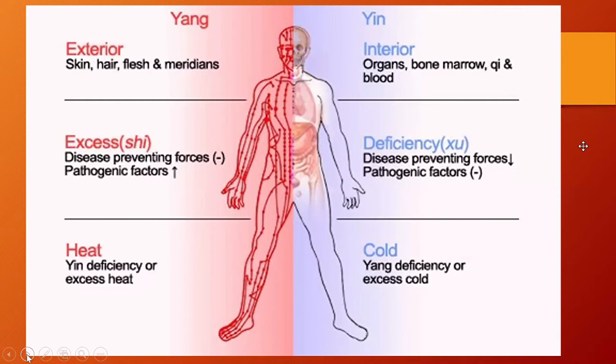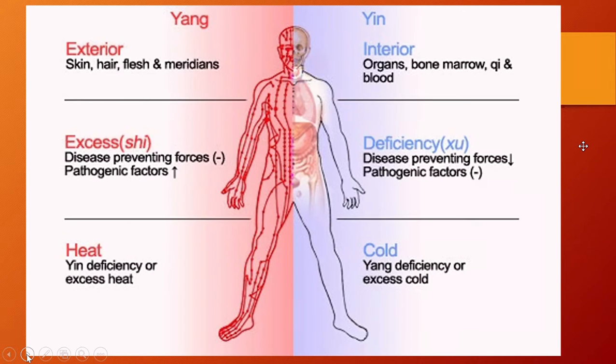So here, you have your yang and your yin, your exterior and interior, your excess and your deficiency, your heat and your cold. Exterior, you have your skin, your hair, your flesh, your meridians. Your interiors, you have your organs, your bone marrow, your qi, your lymph, and blood. When we say excess, or shi, it is a disease preventing the forces.